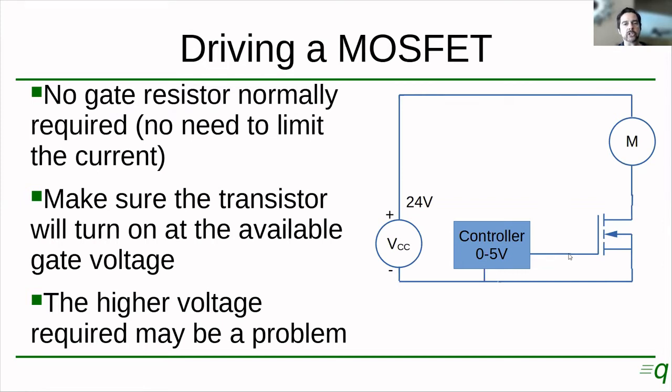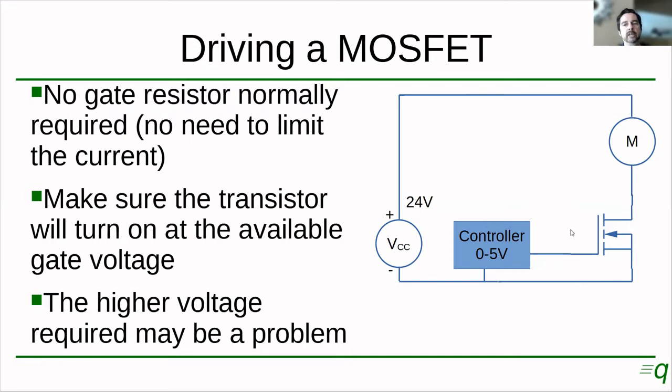Now, one potential problem that we may have with this circuit is that for the transistor to turn on, we need at least the threshold voltage. And the threshold voltage can be very close to the 5 volts maximum that this controller can deliver, right? So this is something to keep in mind.